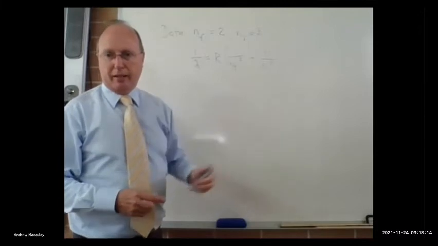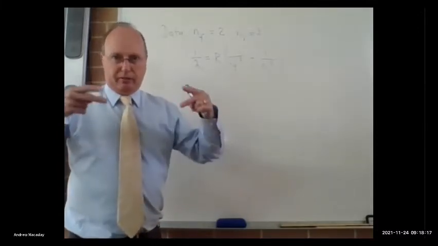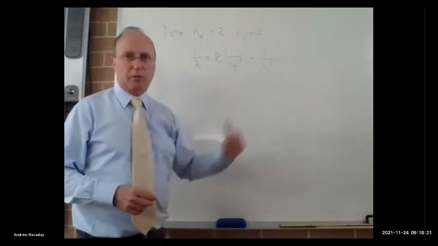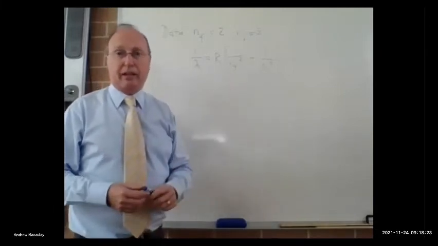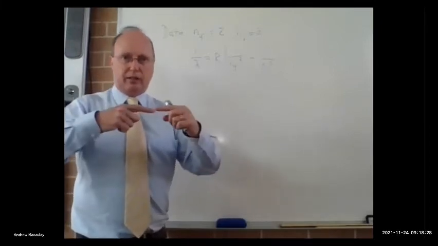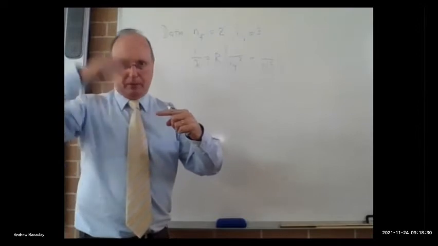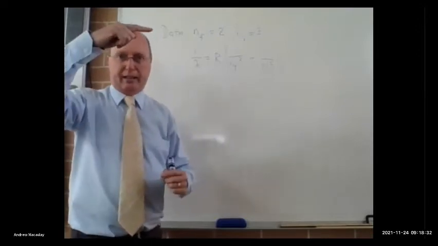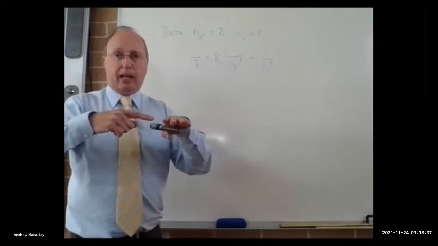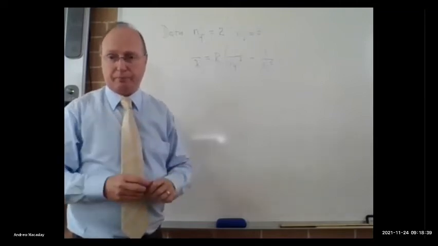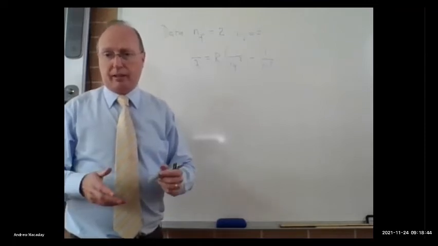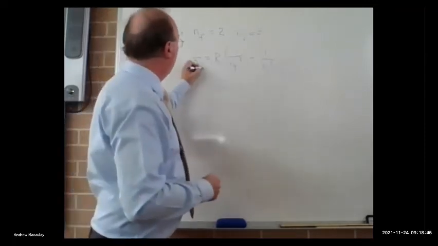Remember that we need to square them, take their reciprocals, and subtract them in that order. If we subtract them in the opposite order, we might get a negative number. And then we go back to the question and say, well, what are we doing? Are we putting energy in, in which case the electron will jump up a level, or is it relaxing back to its ordinary state, in which case it gives out a photon? Well, in this case, we've got it the right way around. We've substituted correctly, and so this is lambda alpha.